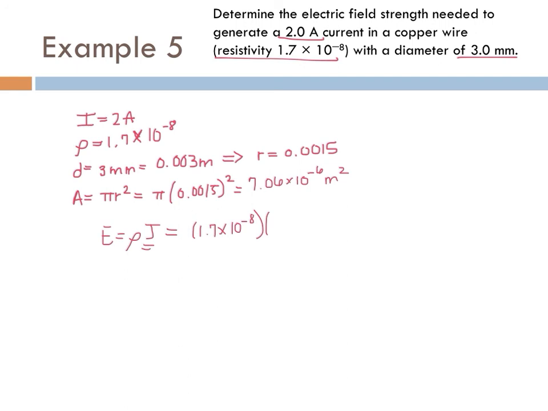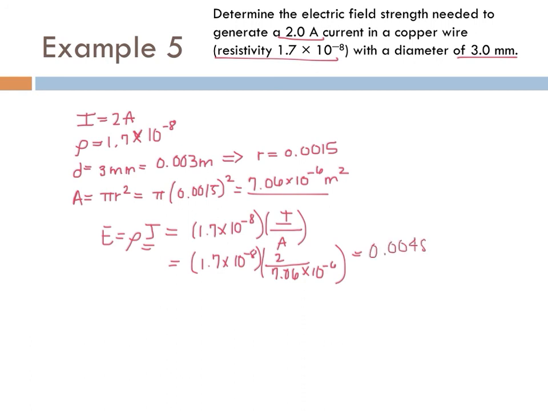Again, remember, current density is current per unit of area, which we were given to be 2 amps over the number that we got here, 7.06 times 10 to the negative 6. And you should get a value of 0.0048 Newton per Coulomb.